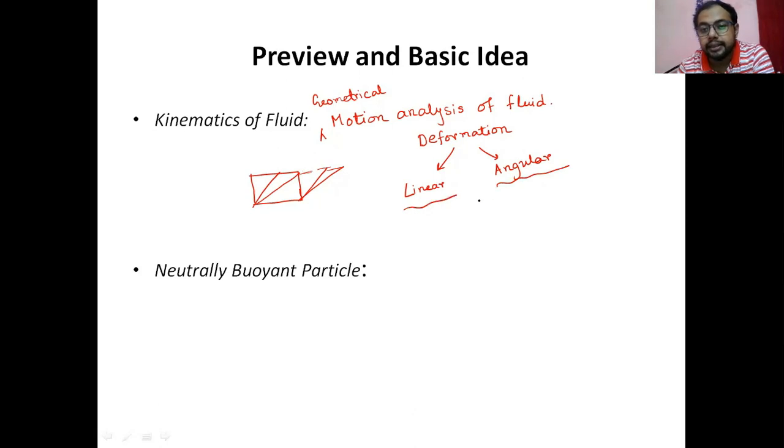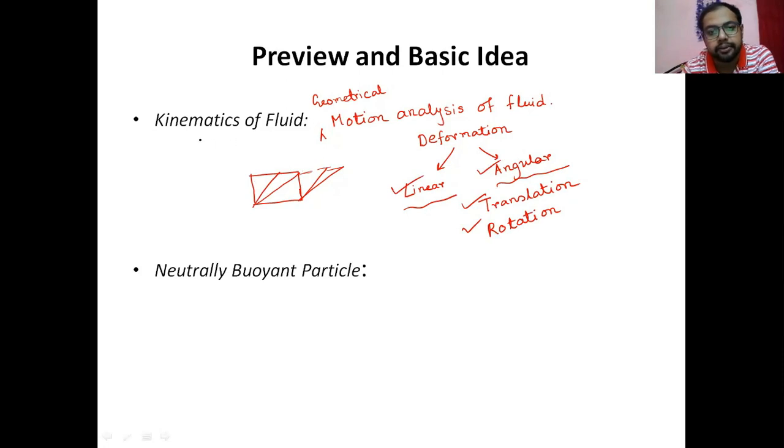Other than this, there might be motion that causes translation, just like a solid body. It may cause translation, and it may cause rotation. All this analysis we will do in this geometrical sense.